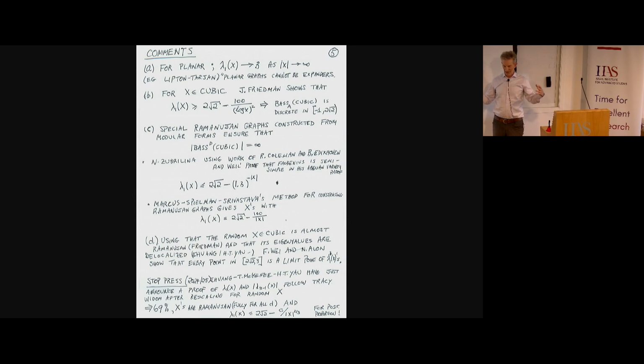And that doesn't mean that you don't have an eigenvalue which is exactly 2 root 2. If there were an eigenvalue at 2 root 2, it would have to be a multiple eigenvalue, because this construction is coming, say, from a curve. There's a symplectic symmetry, and so there would be a multiplicity.